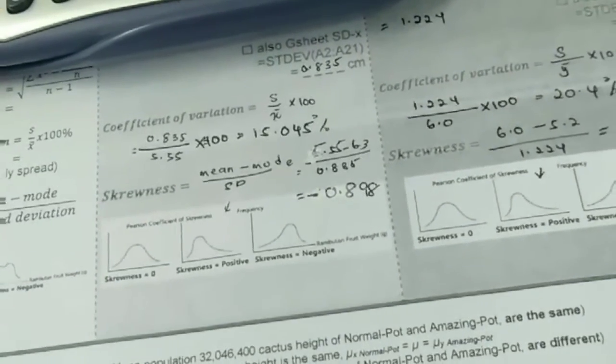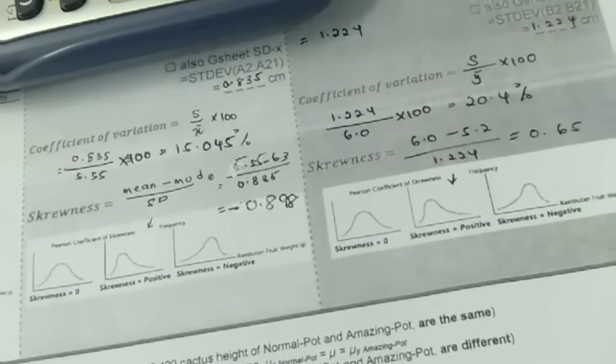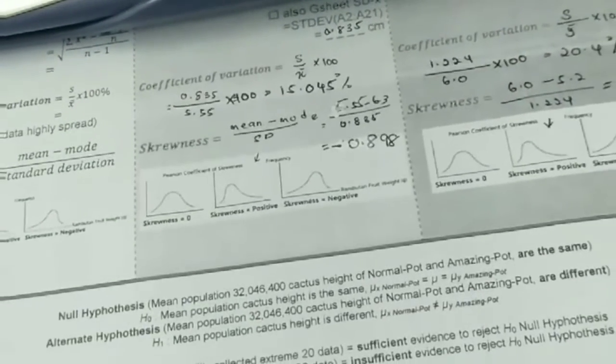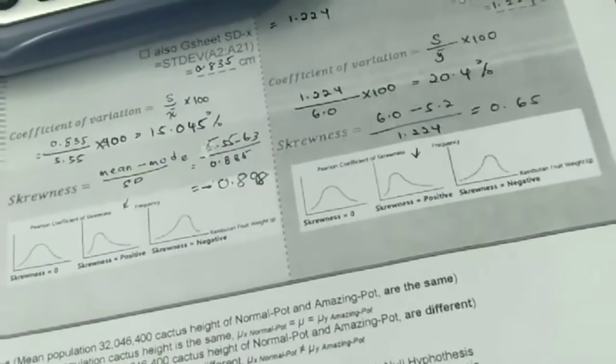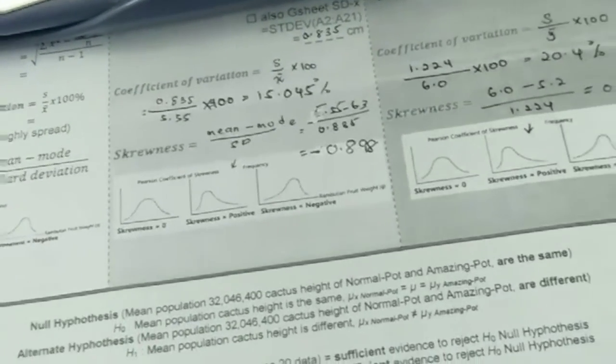The alternative hypothesis: the cactus heights of normal pot and amazing pot are different. So if the p-value is less than or equal to 0.05, it is sufficient evidence to reject the null hypothesis. If the p-value is more than 0.05, there is insufficient evidence to reject the null hypothesis.